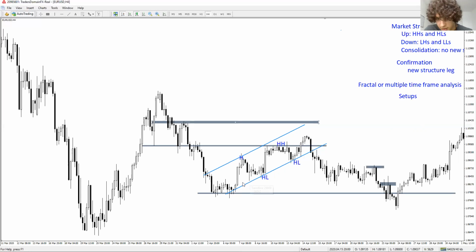Because we want to think of these trend lines. When you look at these trend lines, think of them as a zone, right? And this is probably one of my favorite things to look at, because when you look at a trend line, and then price is coming up and making these higher highs and higher lows, think of that as the same thing as these normal zones, but just rotated.